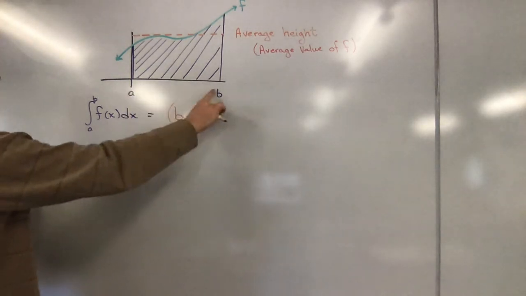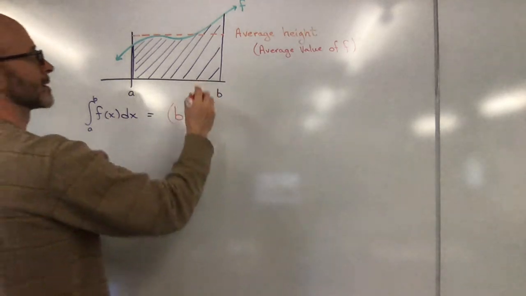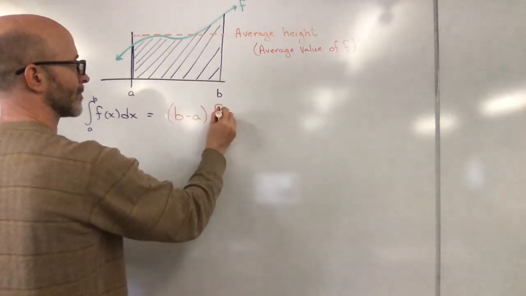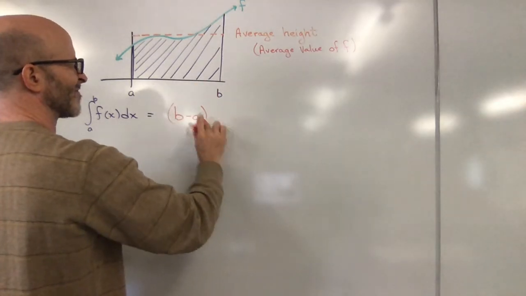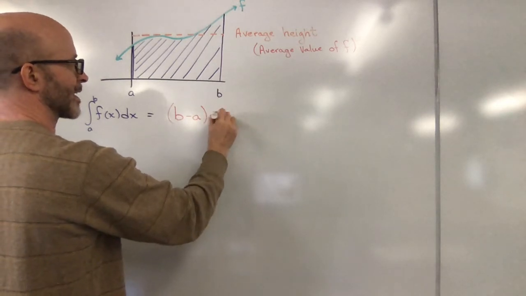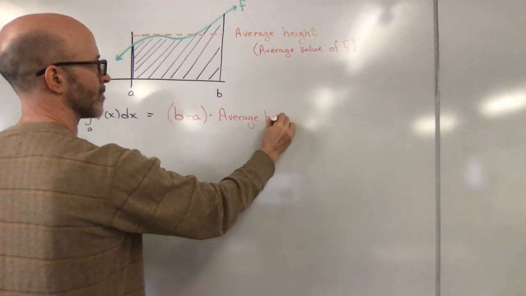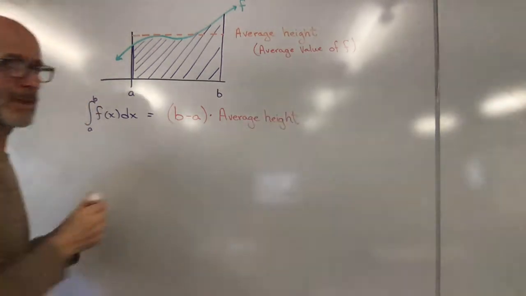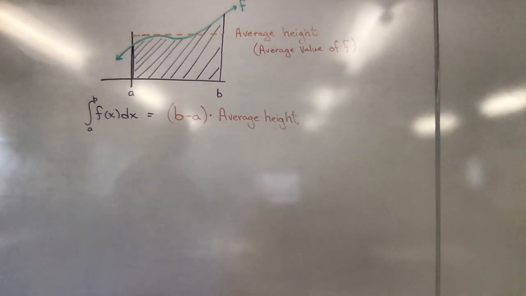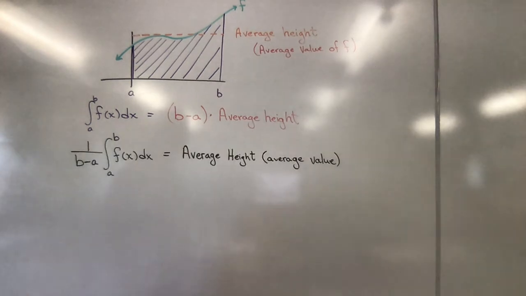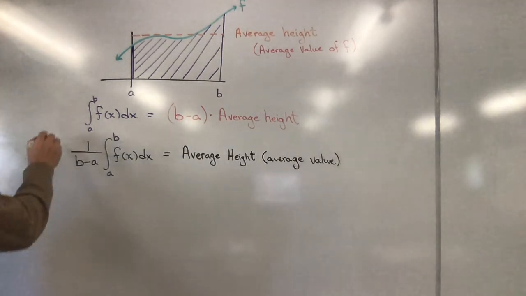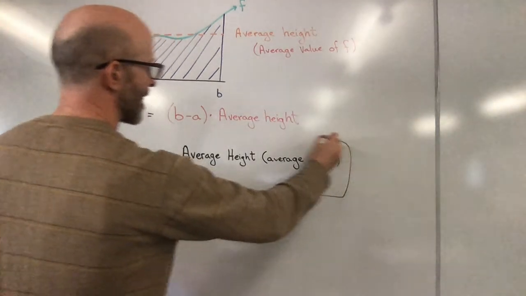The width of the rectangle times the average height. Which is going to bring us to this equation right here. This is the one I'm looking for, the average value of a function.